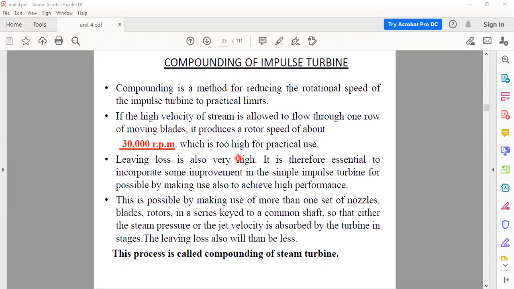Leaving loss is also very high. It is therefore essential to incorporate some improvement in the simple impulse turbine to achieve high performance.